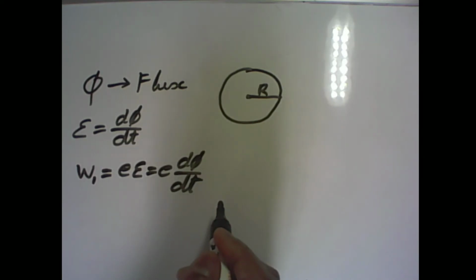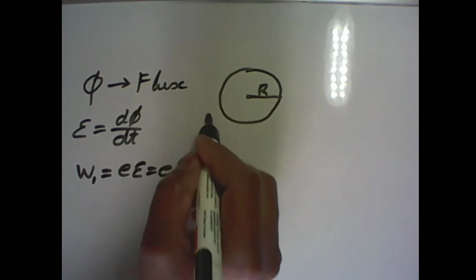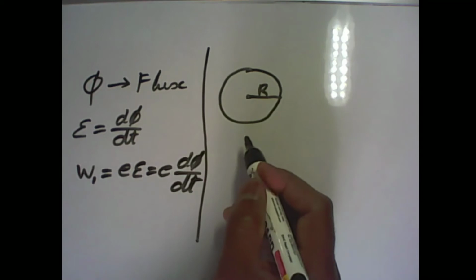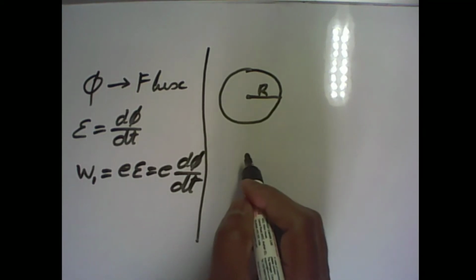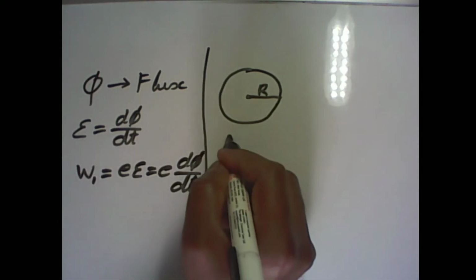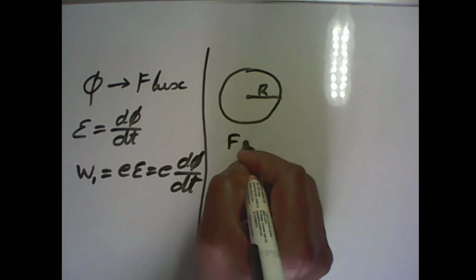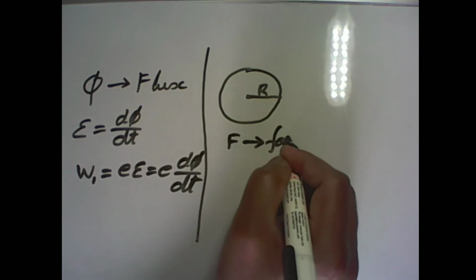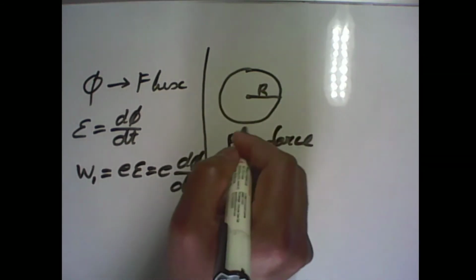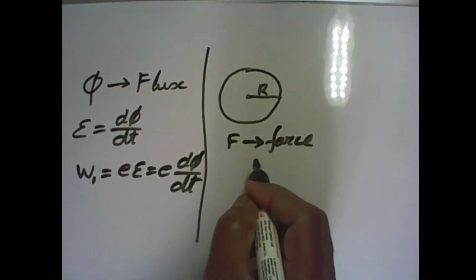Now again, let us say that we are talking about the electrons experiencing a force because of which they go round the circular path. So let F be the force which the particles are experiencing. Now the path length of this circular orbit is 2πr.